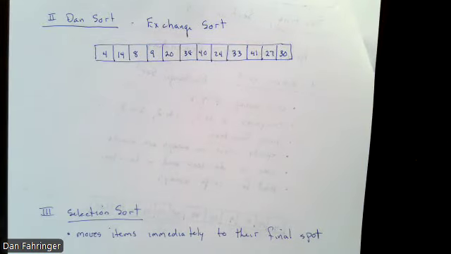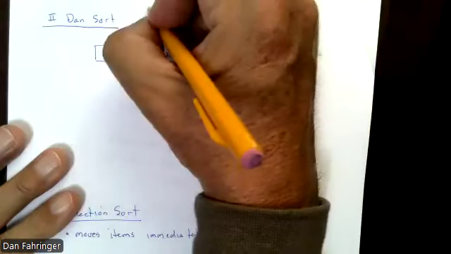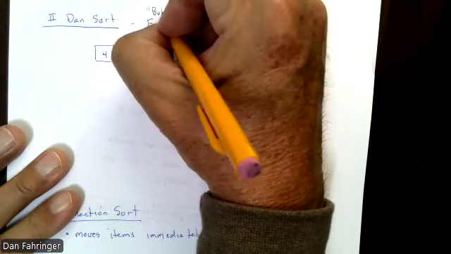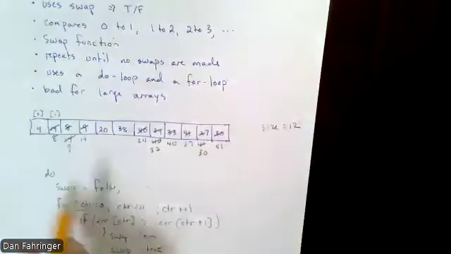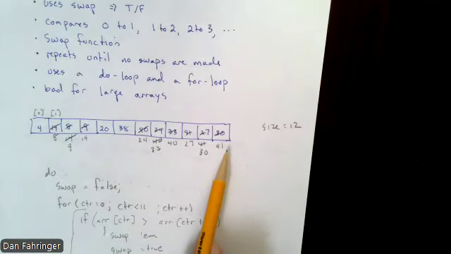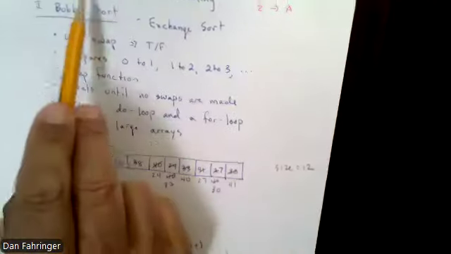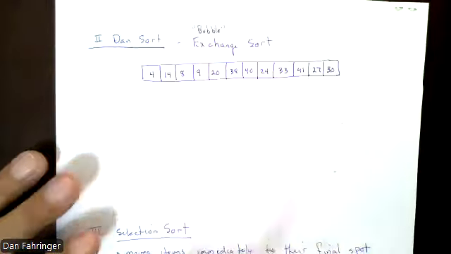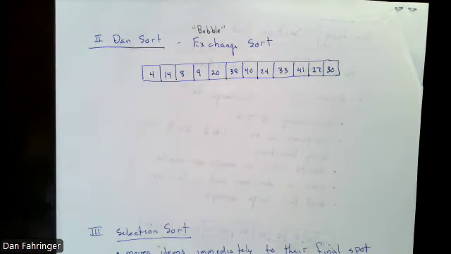Somewhere along the line, I learned this as the bubble sort. Why? The last one, the largest number bubbled to the end. This is also called a bubble sort, but since it's not in our book, I'm giving it to you, and it's called the Dan sort.